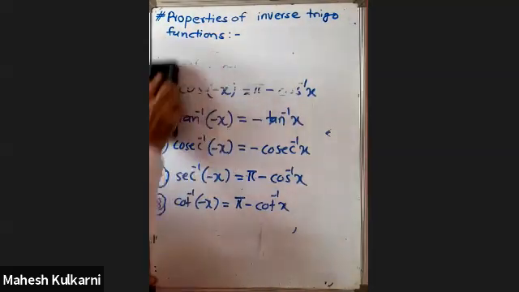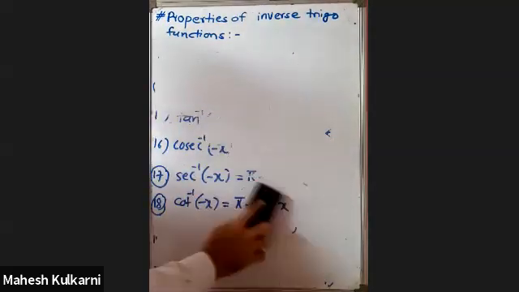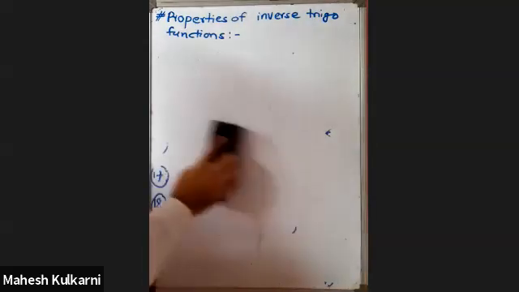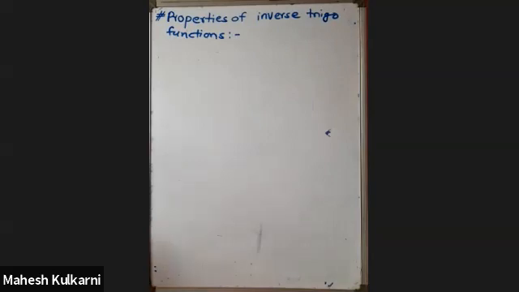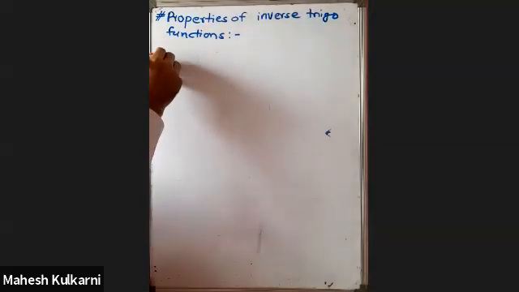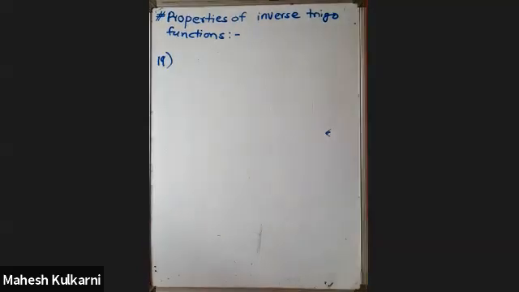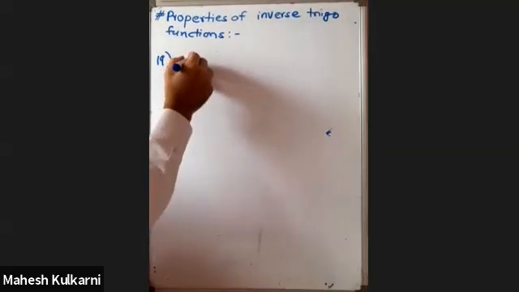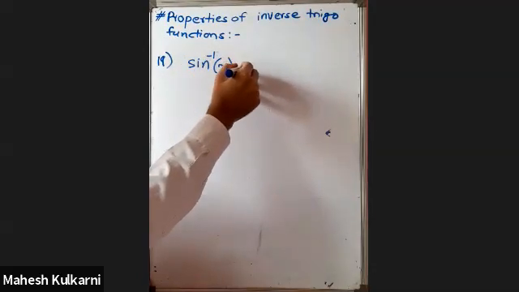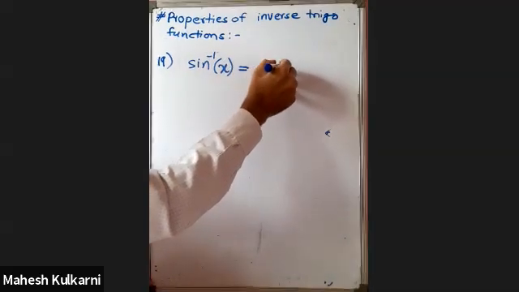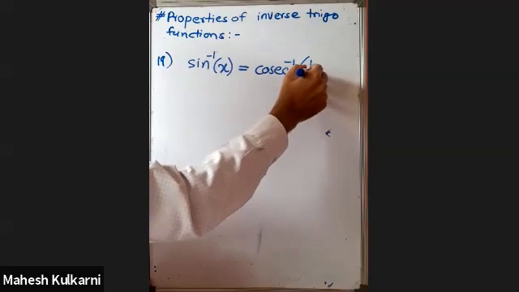Okay. Now next property. Sin inverse of x is equal to cosec inverse of 1 upon x.